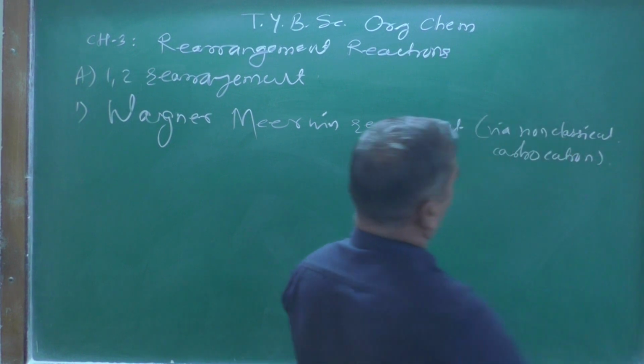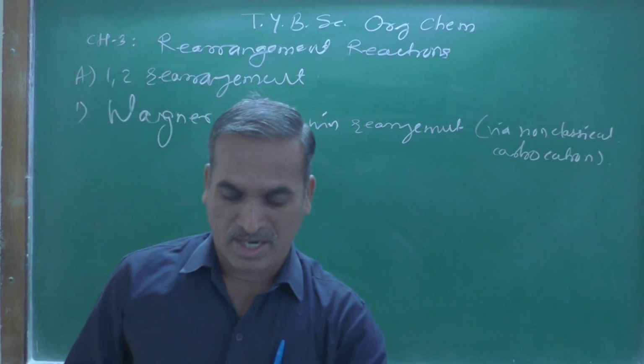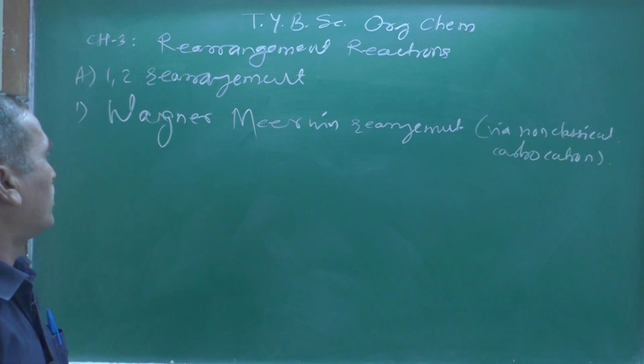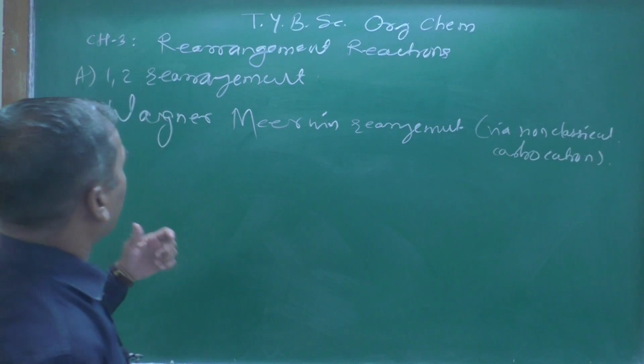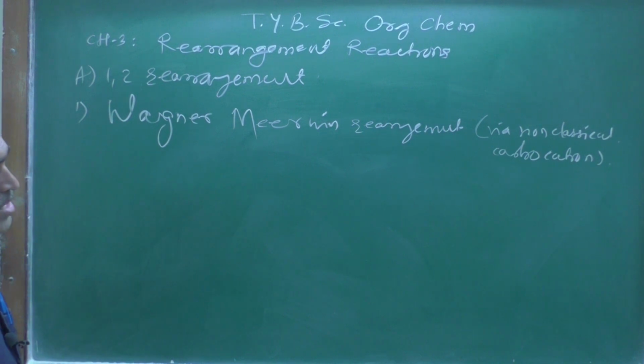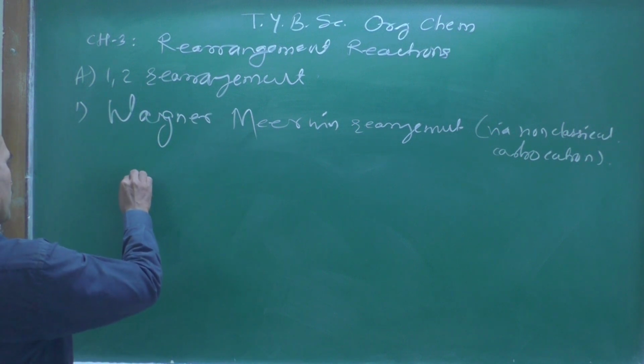What does it mean? Non-classical carbocation means what, and what type of compound undergoes it and shows the Wagner-Meerwein rearrangement reaction? So let us see one example here.